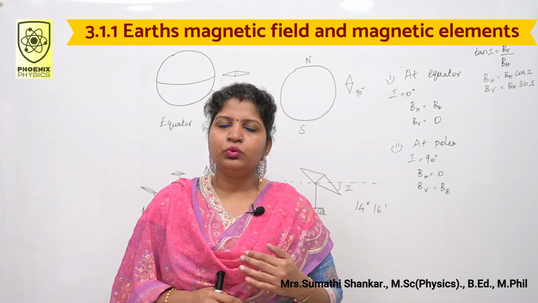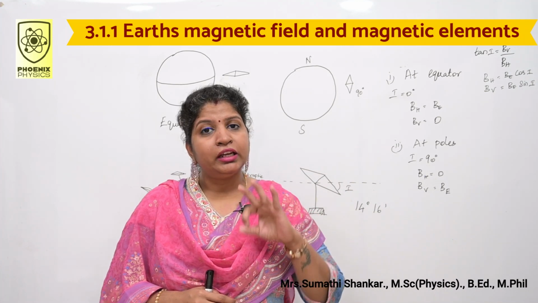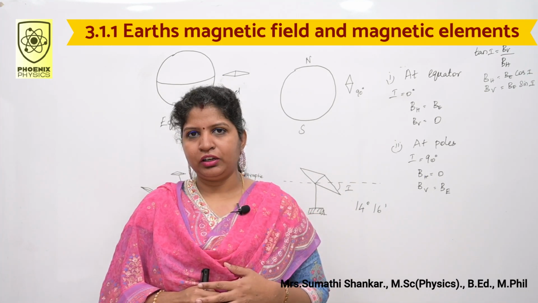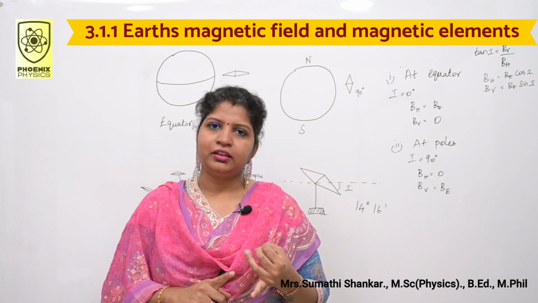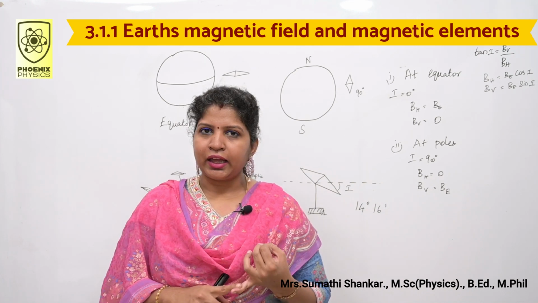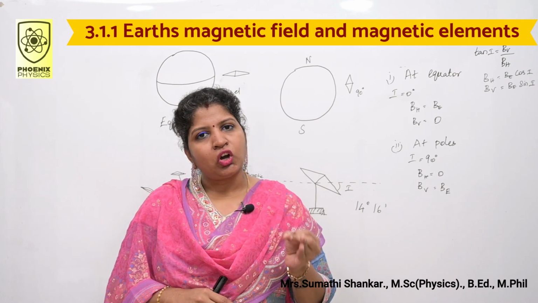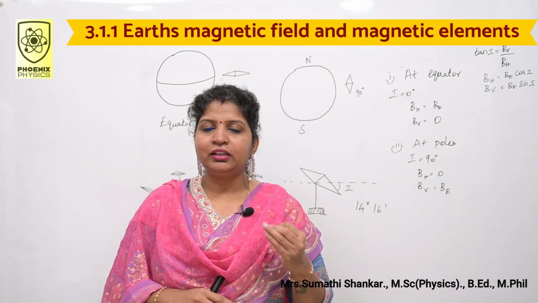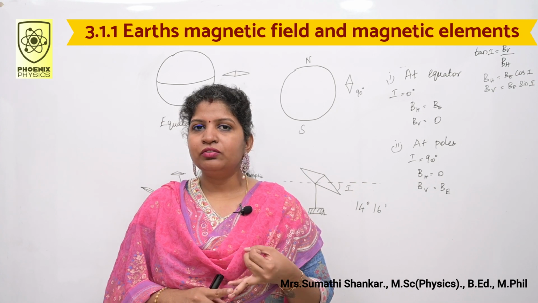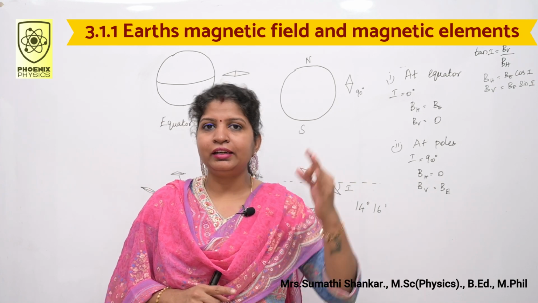In this class, we discussed about 3 elements of Earth magnetic field. First one is magnetic declination. The angle between magnetic meridian and geographic meridian is called magnetic declination. Next, we discussed about magnetic inclination.